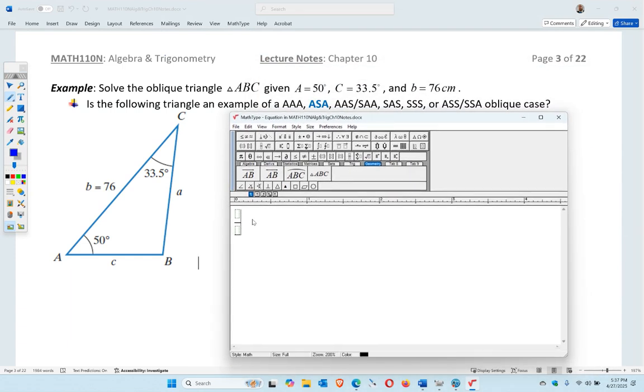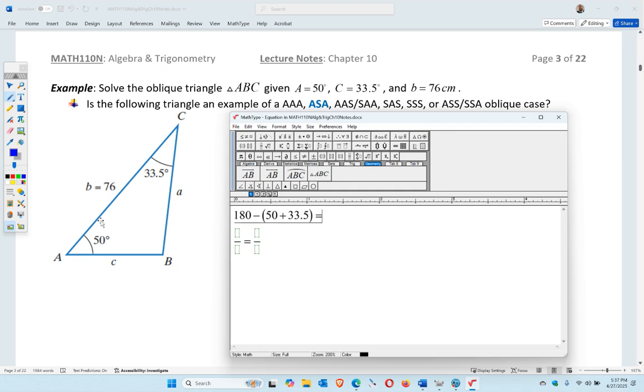So it's a ratio equals a ratio. So I don't have any ratios here though. Because I have angle C but no side C, angle A but no side A, side B but no angle B. So I can actually figure out angle B first, right? So it's 180 degrees minus 50 plus 33.5, right?